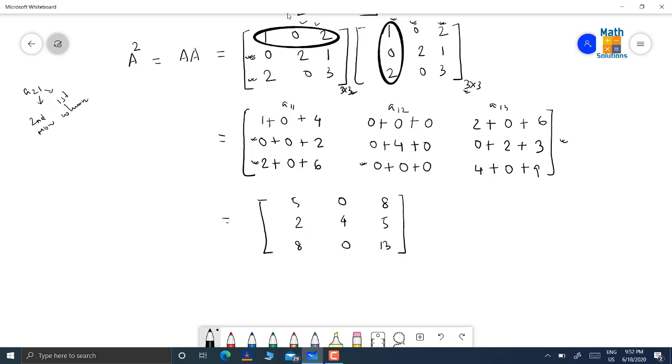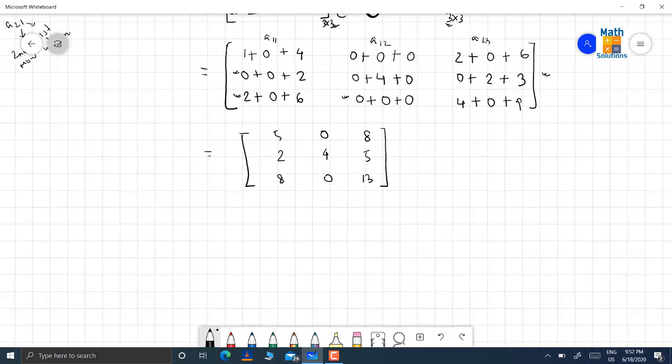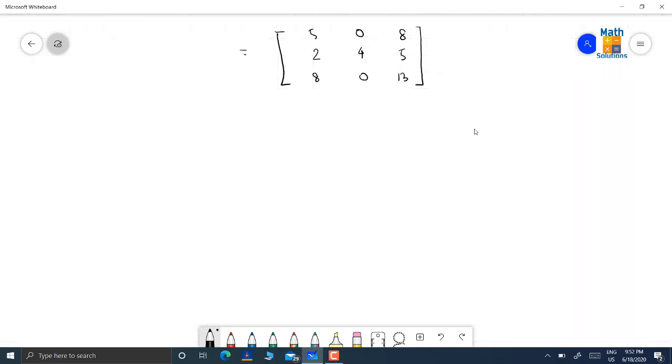Once we get the value of A square, we have to evaluate the value for A cube. So for A cube, what result we are going to use here? For A cube, let us check. A cube is nothing but A square into A. So in place of A square, I'm going to put this result 5, 0, 8, then 2, 4, 5, which is just evaluated, then 8, 0, then after 13.